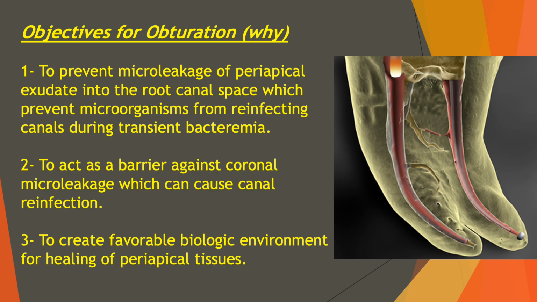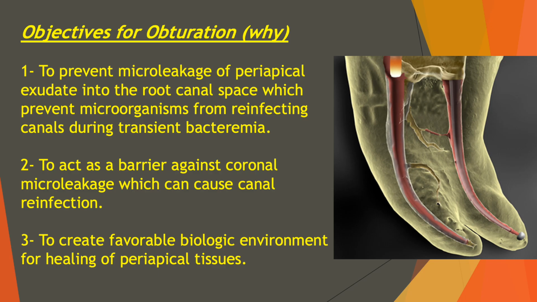The third one is to create a favorable biological environment for healing. When we seal the canals, we can permit healing of the periapical tissue. If there is a periapical radiolucency, if there is a periapical pathosis under the tooth, when we make very good cleaning and shaping and a very good obturation with a 3D hermetic seal, we are creating an environment for very good healing of the periapical tissue.